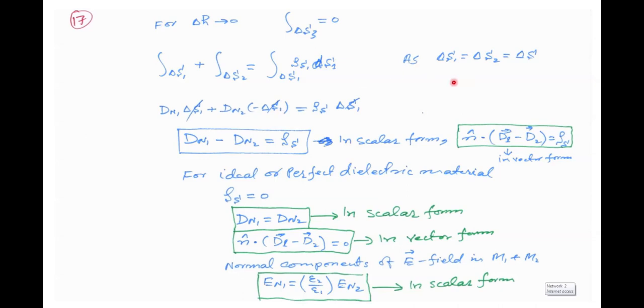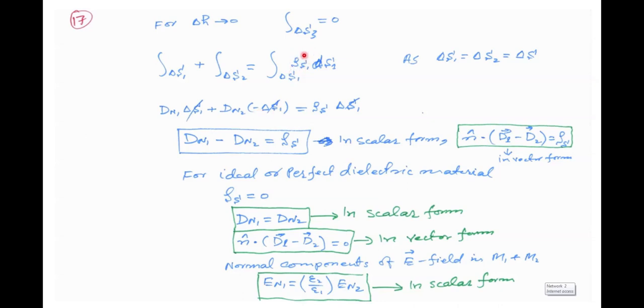As I told you, the magnitudes of delta S1 and delta S2 are the same, but they are directed in opposite directions. That is why we place a negative sign in this term.